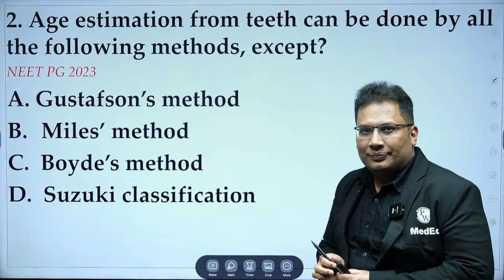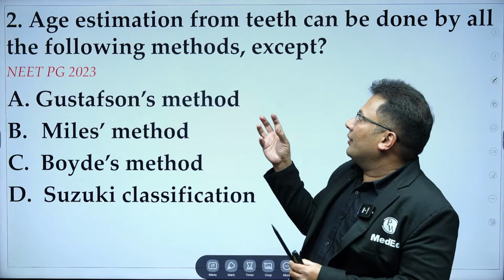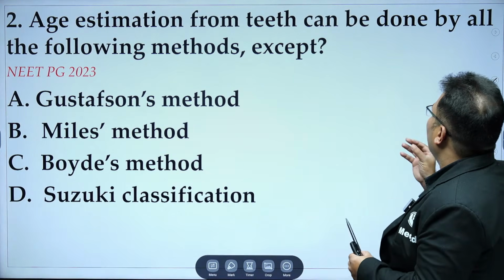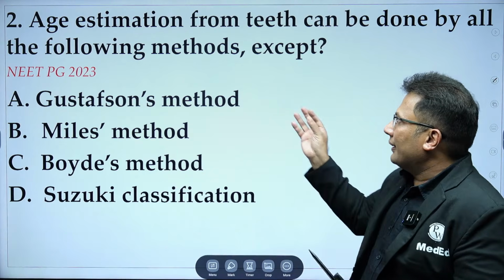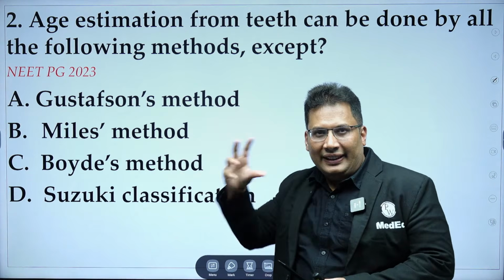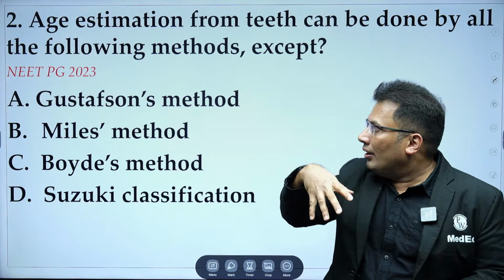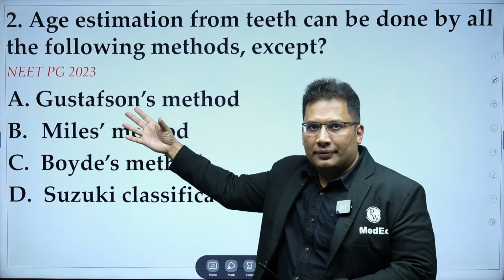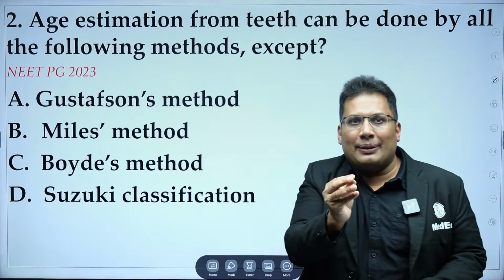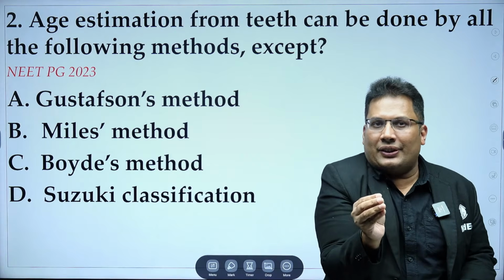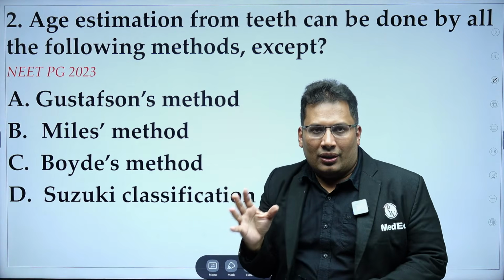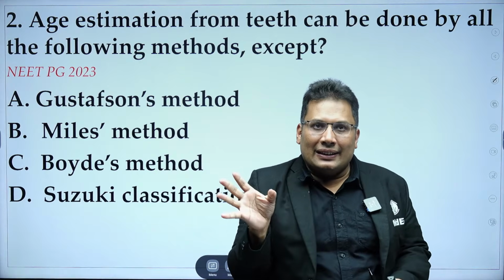Second question. Age estimation from the teeth can be done by all the following methods except. Gustafson method. Yes, Gustafson method is a method of age estimation having 6 criteria. The mnemonic is APSRTC.